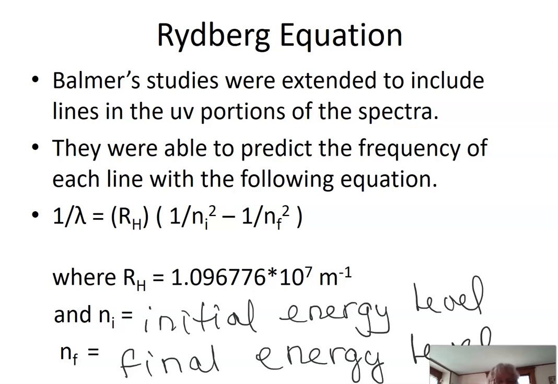I give you the value of the Rydberg constant there. The Ni and the Nf in this equation refer to the initial and the final energy levels of the electrons. In other words, as the electron moved from one position to another around the atom, they could calculate the wavelength of the light that would be produced by plugging into this equation.